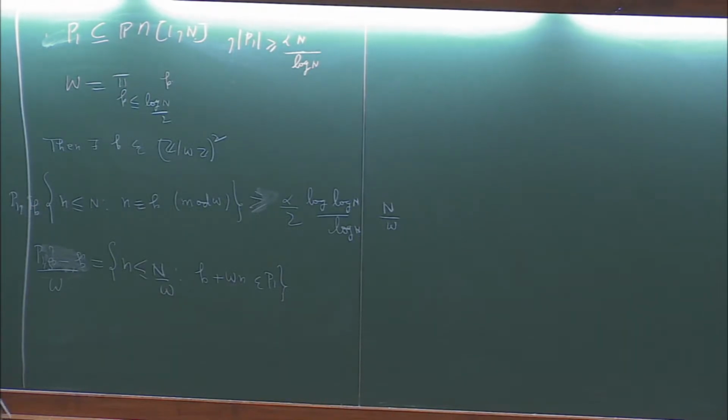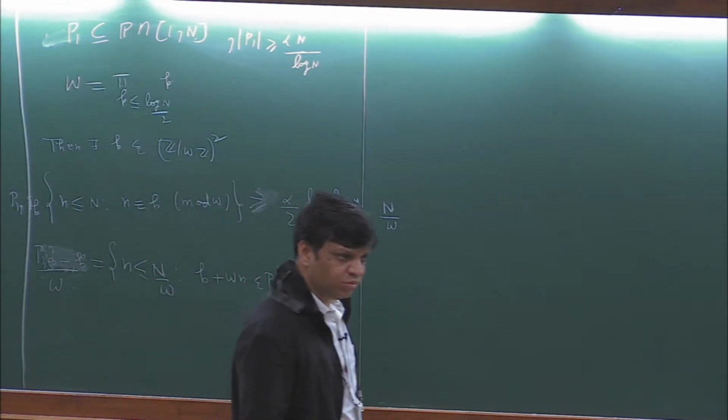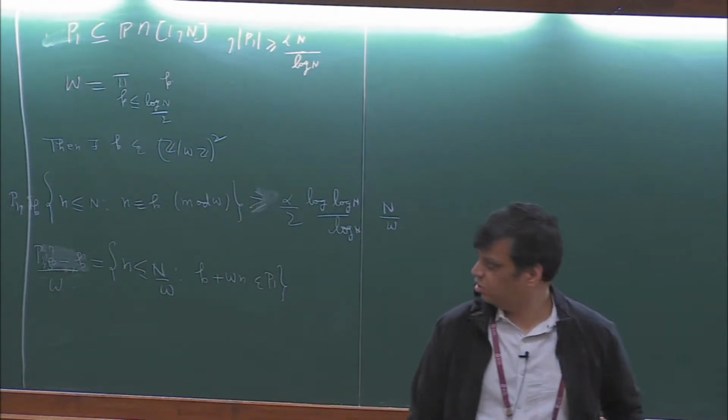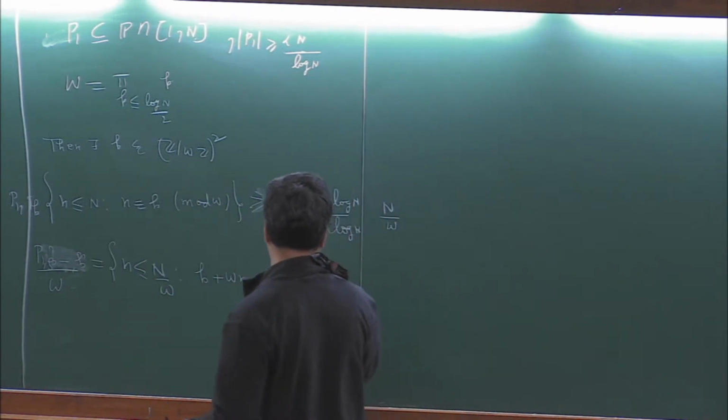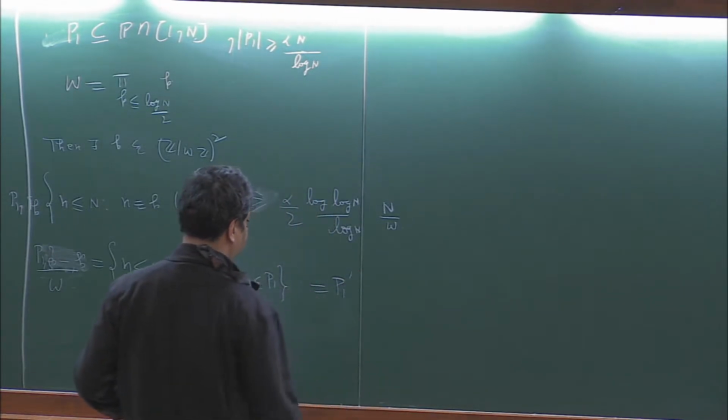Okay, and if this set contains a k-term arithmetic progression, then this set contains an arithmetic progression, and this being a subset of P1, the set P1 contains an arithmetic progression. Okay, so let me call this set P1 prime or whatever.